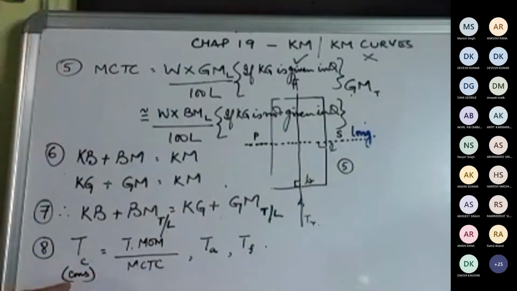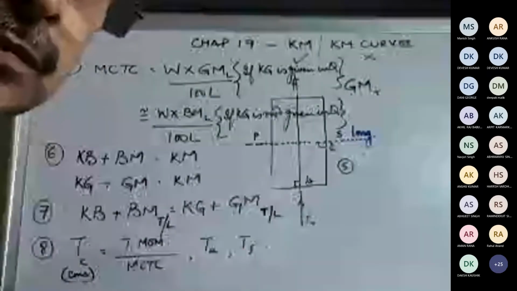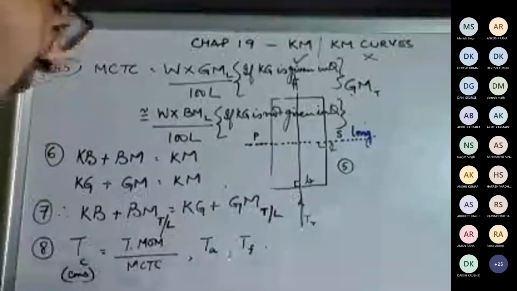So eventually मेरे ड्राफ्ट में कोई फर्क नहीं आएगा because I would have gone to the third decimal.